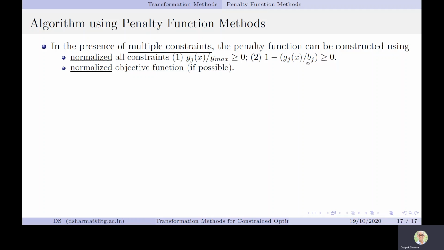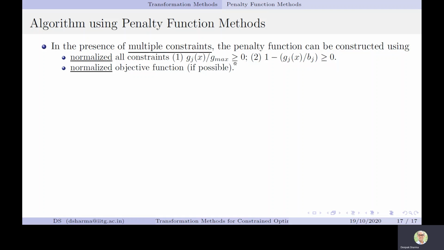So what is Bj? You remember that in our linear programming, we have the left hand side equal to Bj. So if we have something constant on the right hand side, we can always convert this constant. Otherwise, if we can come up with the Gmax, we can find Gj(x) divided by Gmax.